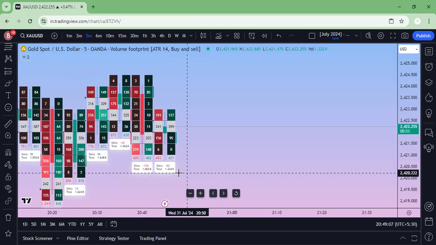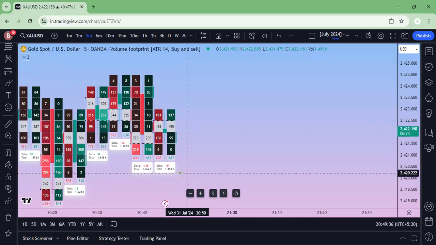So I don't know what this delta is and what the total is. I can say the total might be a volume or quantity or something other, and this delta is of two candles. But the video which I watched, I don't remember exactly what his name was, but I watched his entire video regarding footprints.